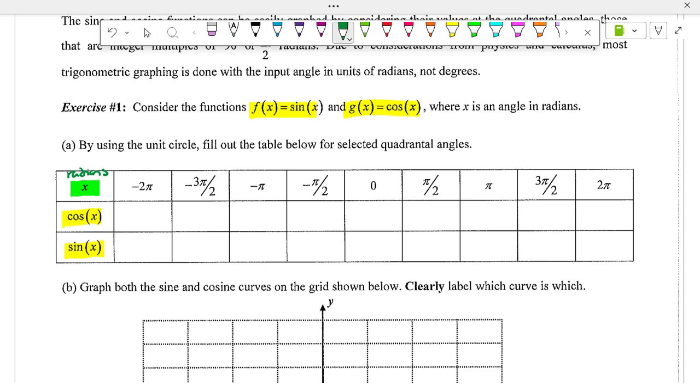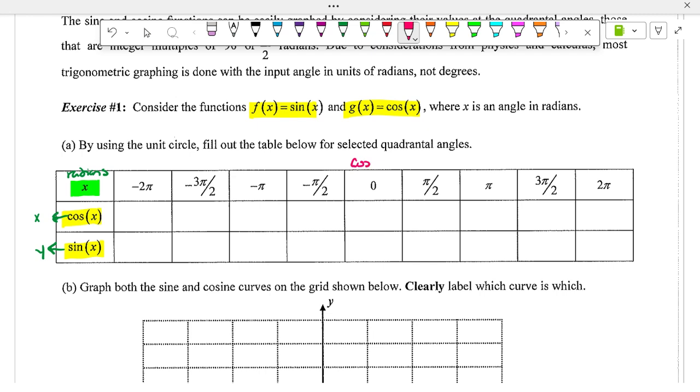We're going to do pretty much exactly what we did earlier. What part of the coordinate on the unit circle is cosine of x? X. So cosine of x is the x values of the coordinates. Sine of x is the y values of the coordinates. We're going to skip the negative part for right now, and start at 0.